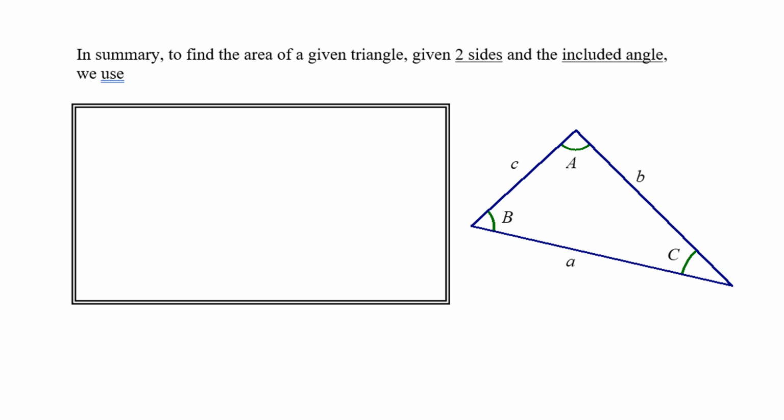Right, so in summary, if we are given a triangle and we're given two sides of the triangle and the included angle, then we can use the formula that we've learned earlier. If you look at the triangles on the screen, I have a triangle with all three angles given.